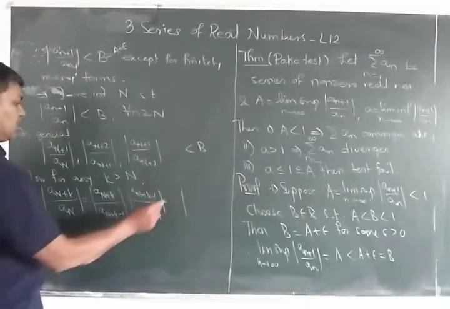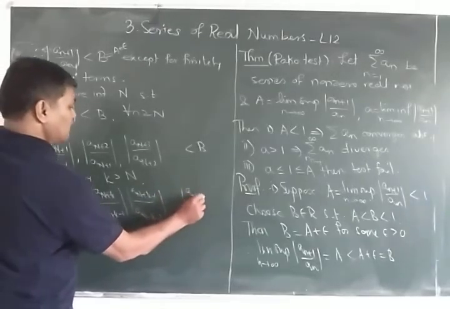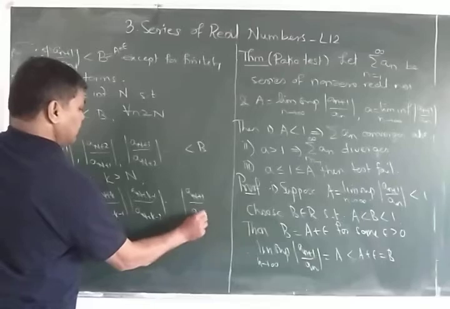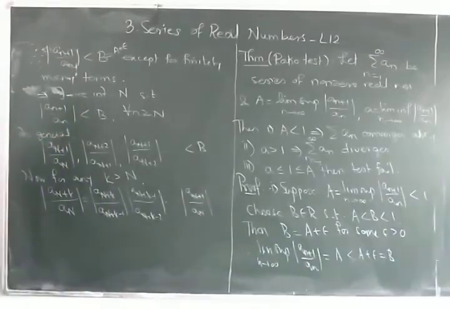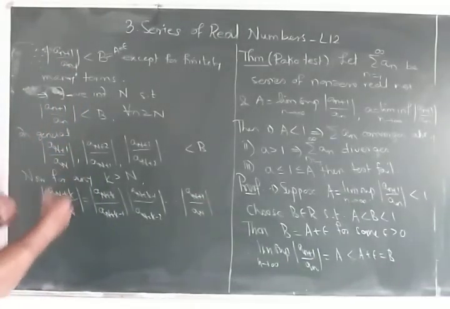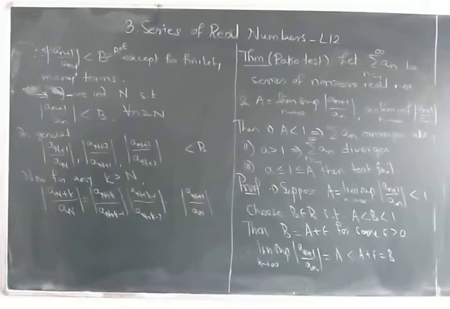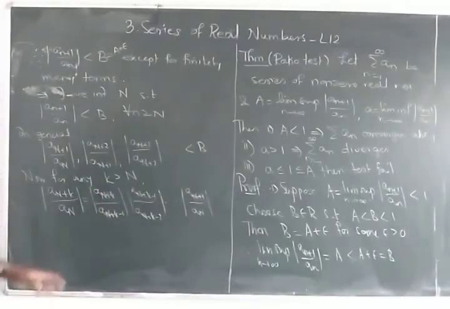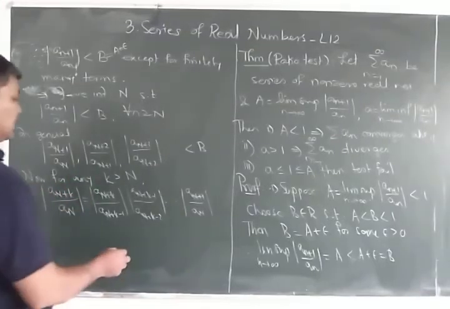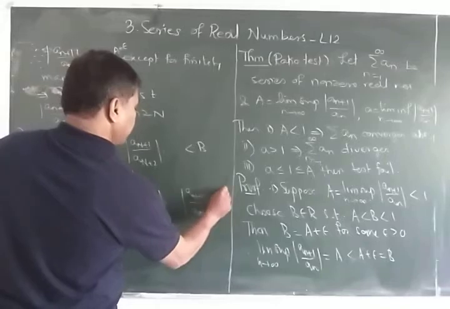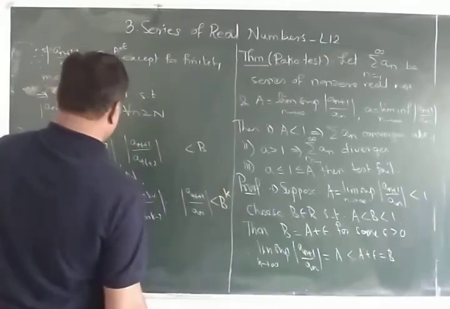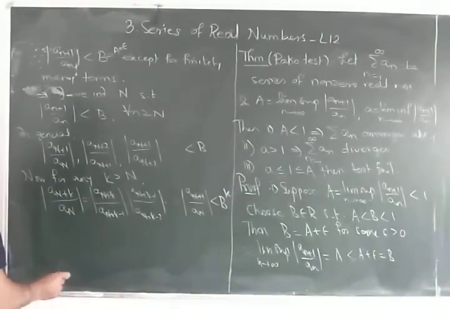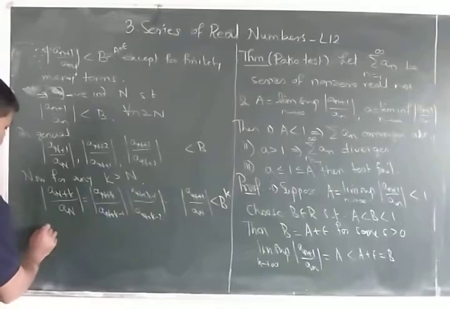We will get lastly mod of a_(N+1) upon mod a_N. Intermediate terms will get cancelled. So if I take 2 here, it is just the product of 2 terms. So this is the product of how many terms? k terms. So this is less than B raised to k.